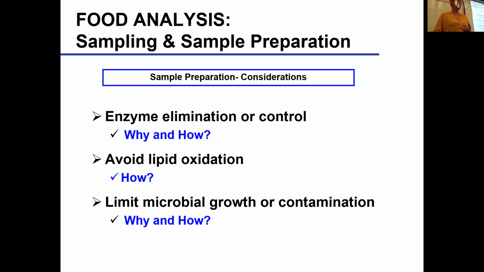What can you do? You can add preservatives or store under refrigerated or frozen conditions. Well sealed is very important because you don't want microbes to go in and spoil your food. Some microbes grow under refrigerated conditions as well.